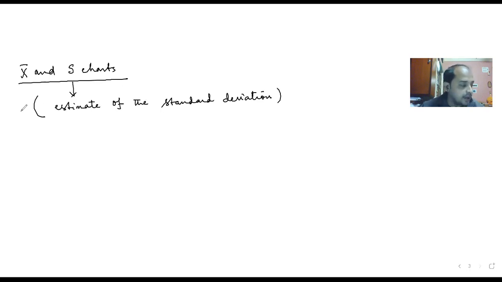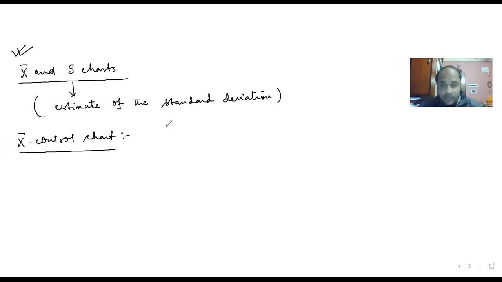The formulas are given as follows. Remember the earlier formula I wrote for the X bar control chart. It was the formula only when we use the pair X bar and R. If you use the pair X bar and S, there will be a little change in the formula.